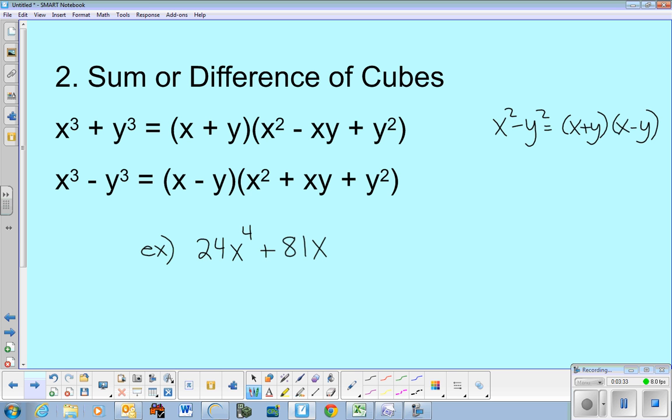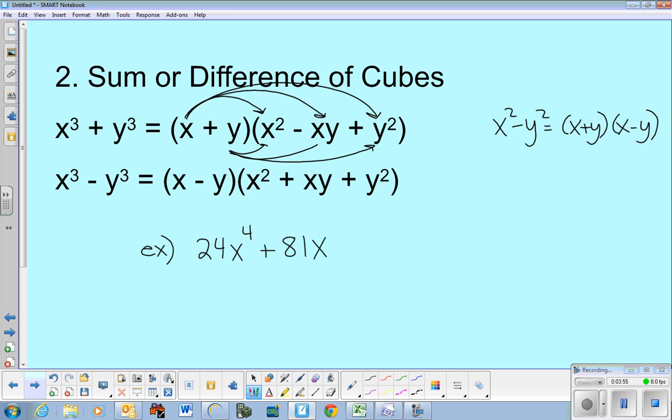So we're going to do sum and difference of cubes. And these are two formulas. If you were to multiply this out, you can see why it would work. Just take that and multiply it through here, and you'll see how everything cancels out except x cubed and y cubed. I'm not going to do all that for the sake of time, but if you multiply that out, you'll see everything disappear except x cubed plus y cubed.